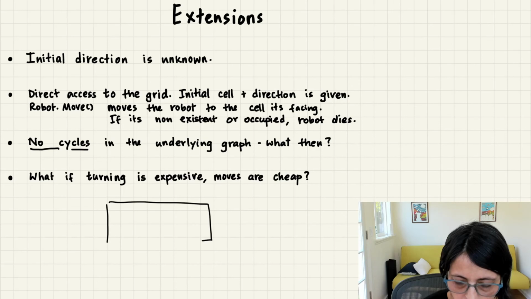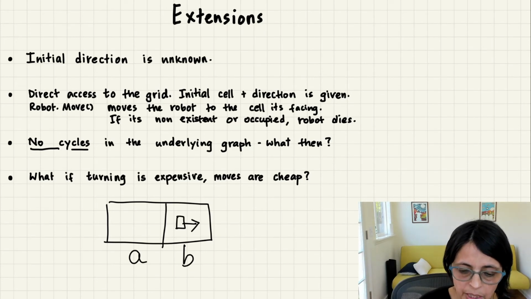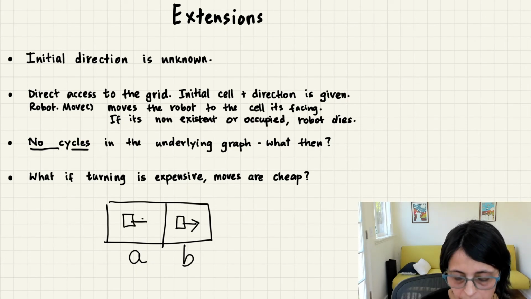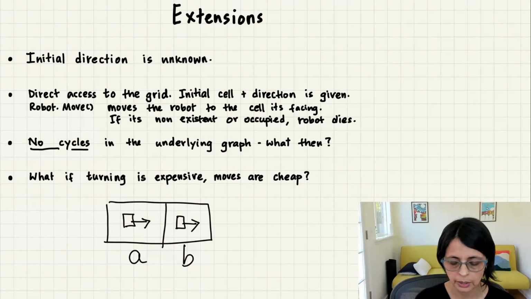These are the 2 cells, A and B, and if the DFS starts off on B with the robot facing right, the point I'm making is that before it was on A facing right, because that's how we are setting up our DFS calls: when you move, your direction doesn't change.